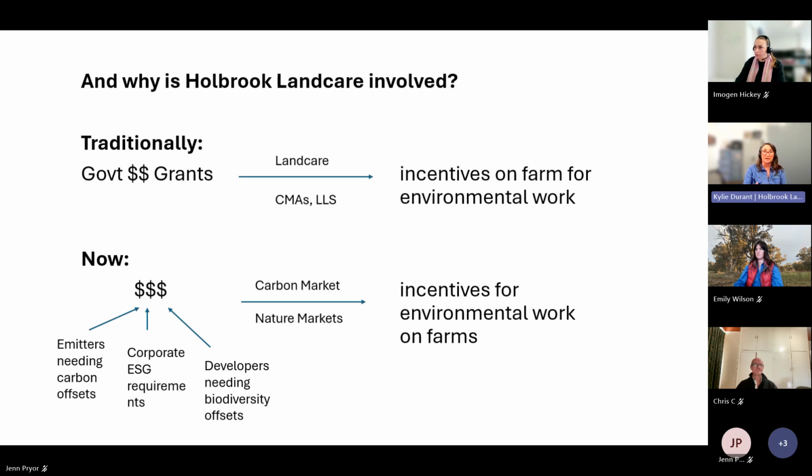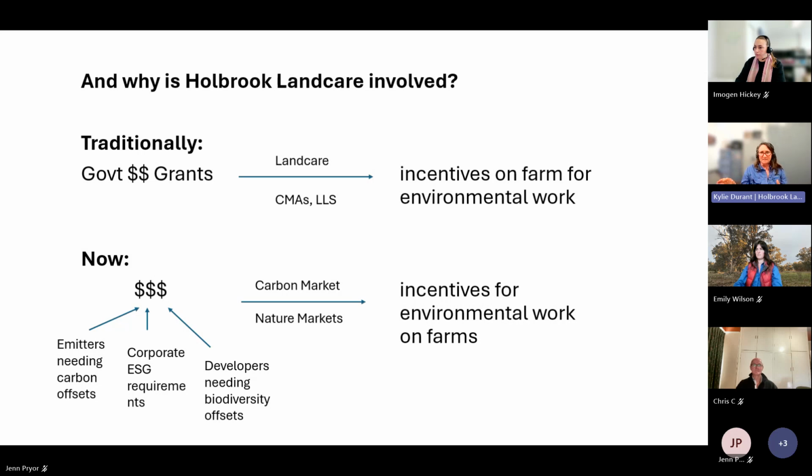So the model has changed, and Landcare's role in all of this is to make sure farmers are aware of these opportunities. They're aware of what the risk profiles of them are. In the end, we still want good environmental work to happen on farms, and so for us, it's about our traditional extension role in making sure farmers are understanding what's going on.